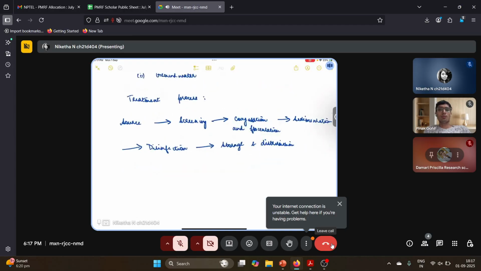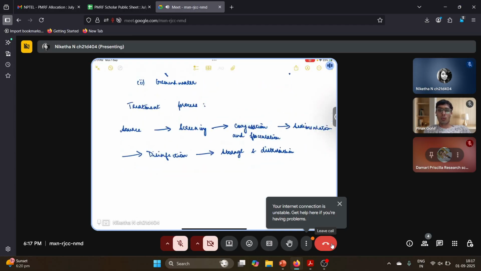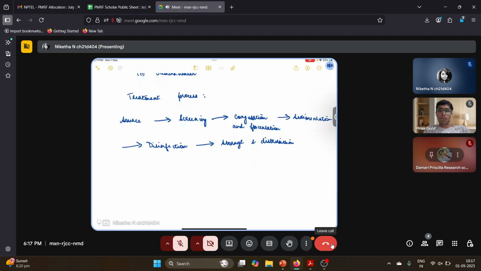Okay, so I've already explained what screening is. Screening is where we remove all the big, floating particles in water, like leaves or paper or even some plastics. Whatever floating objects are there, they are removed in screening.